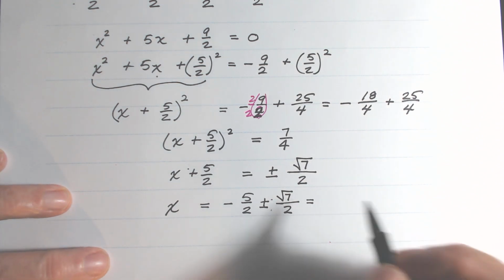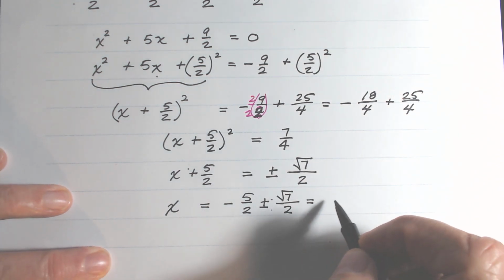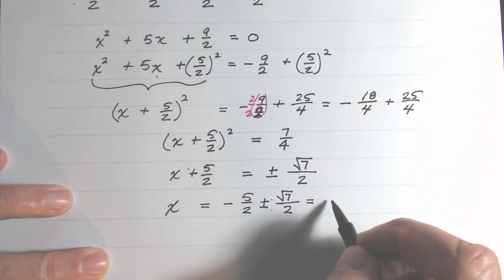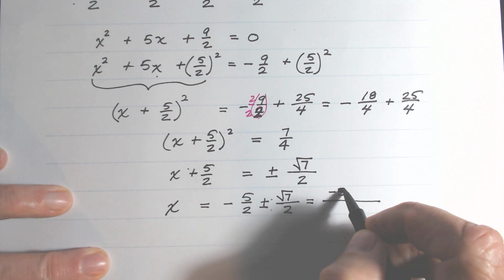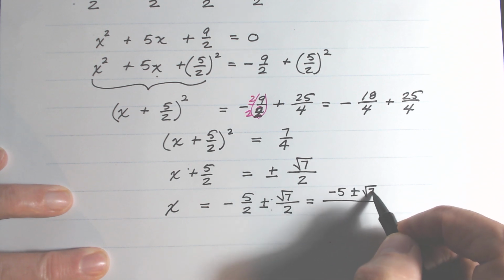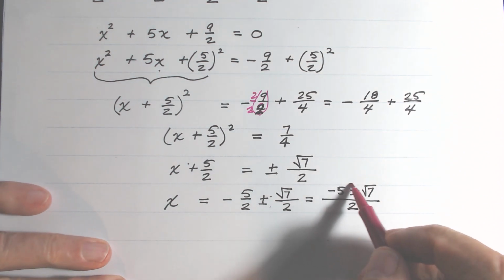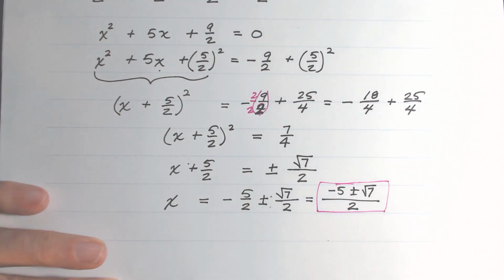And we can combine the two terms if you want, because we do have a common denominator. So we can write that as negative 5 plus or minus the square root of 7 over 2. And there are your two roots to your quadratic equation obtained by completing the square.